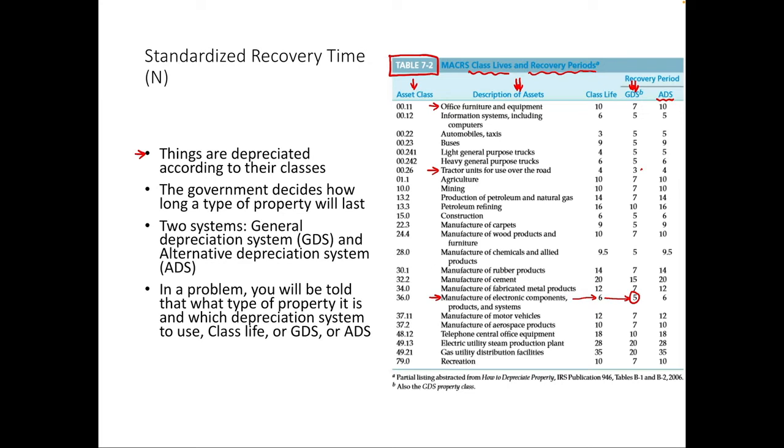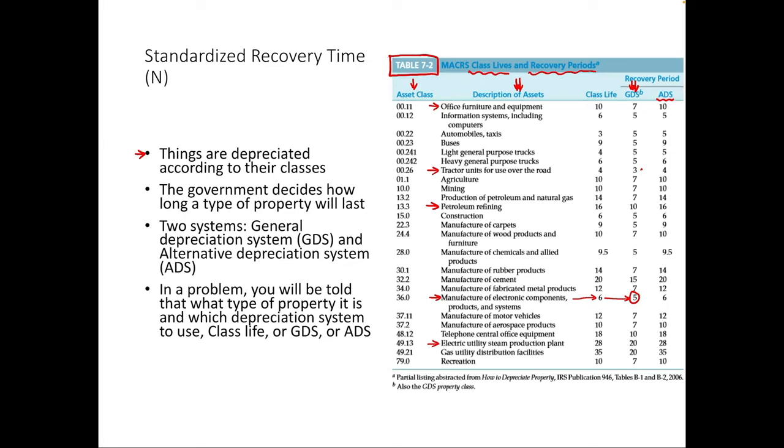Okay, and then let's take a look at petroleum refining. This type of class has a GDS recovery period of 10 years. It's even longer. And for this class, the electric utility steam production plant, the recovery period is much longer.